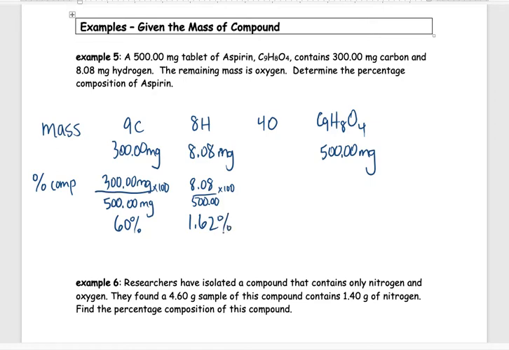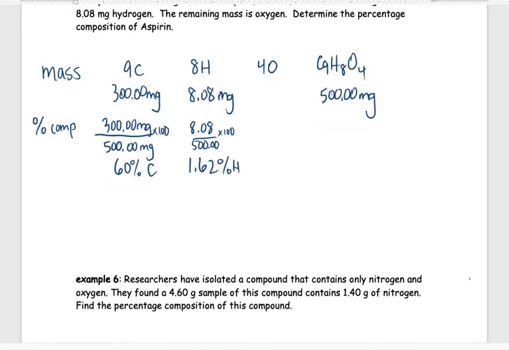Okay, so now to find the oxygen, we're going to do what we did before, where we knew it added up to 100, so we can use that method. If it adds up to 100%, we take away the carbon percentage, and we take away the hydrogen percentage.